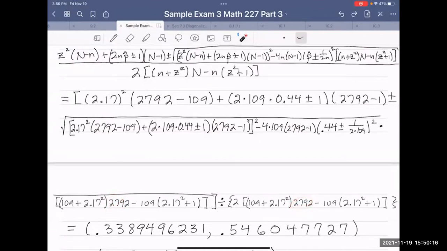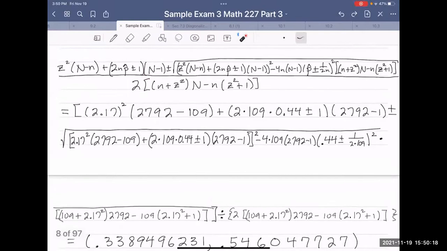Okay. All the little n's by 109. And p hat by 0.44.